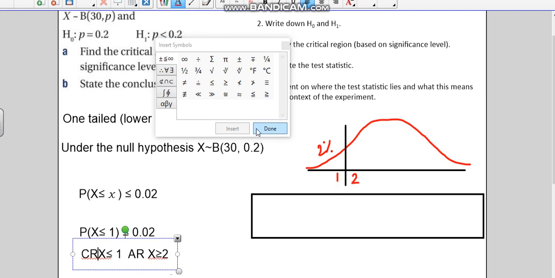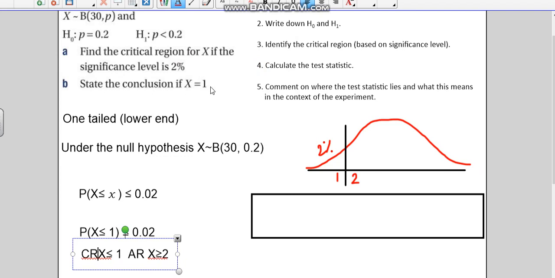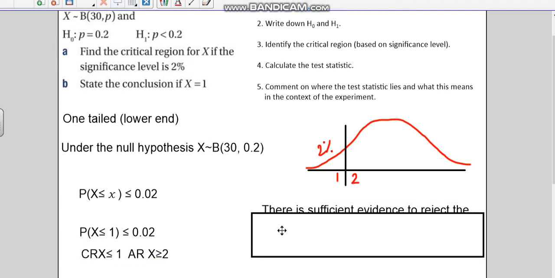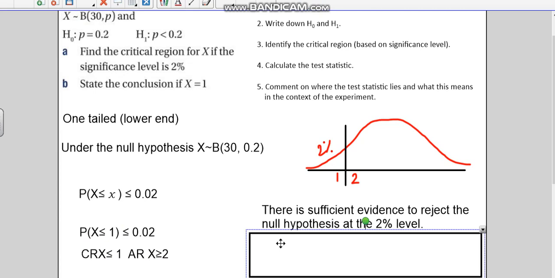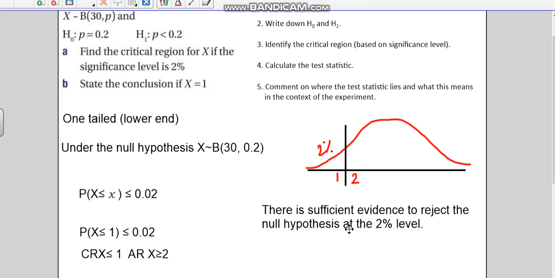So the question said, state the conclusion if x equals 1. Well, if x equals 1, I would definitely reject the null hypothesis, but we would write it like this. There is sufficient evidence to reject the null hypothesis at the 2% level.